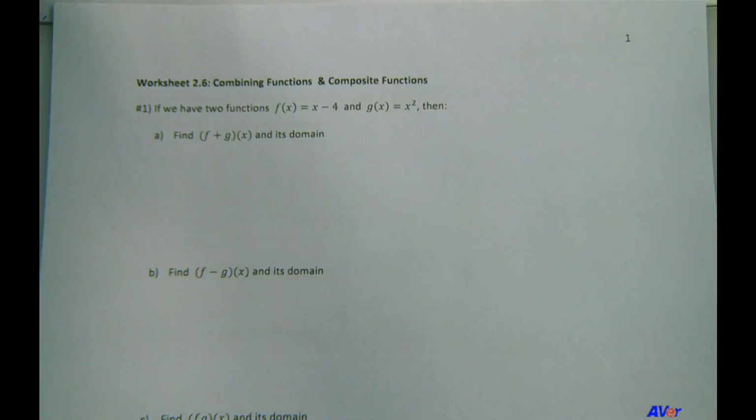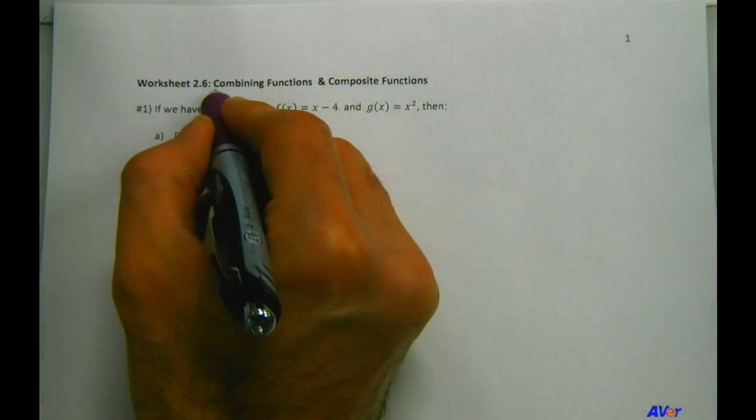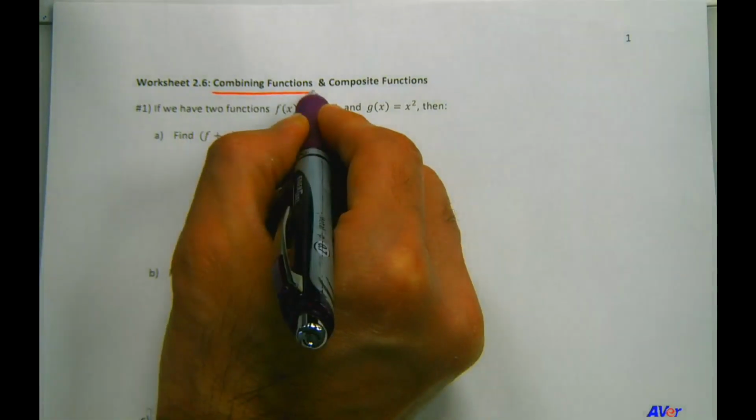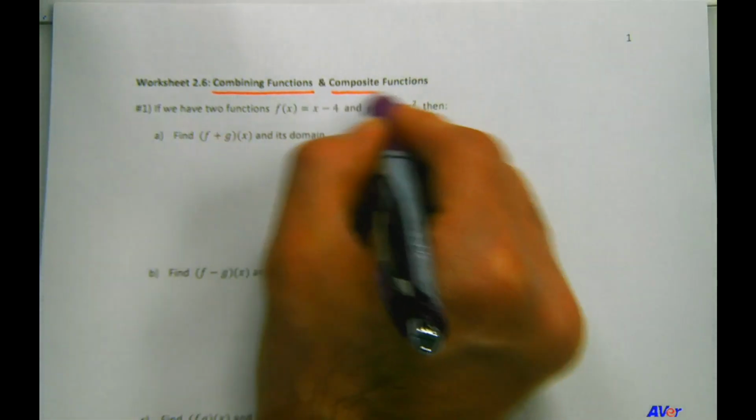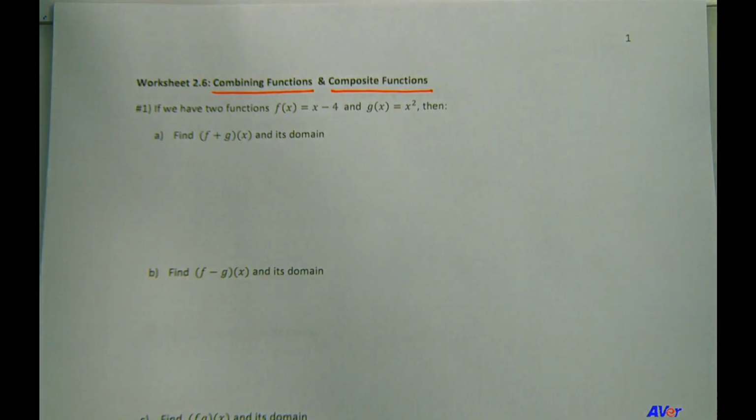Okay, so in this section, the main topics are combining functions and composite functions. Combining functions is simple operations involving functions. So far, you've seen numbers being added or subtracted, or divided or multiplied.